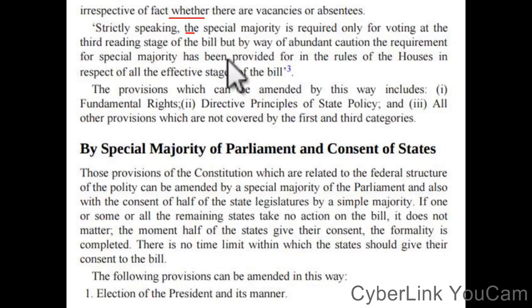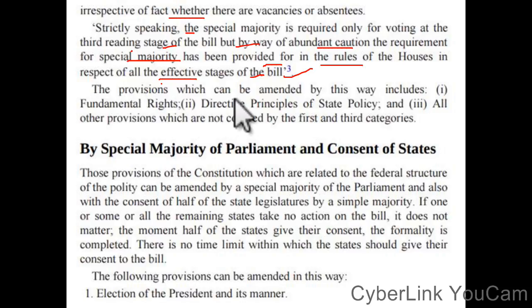Strictly speaking, the special majority is required only for voting at the third reading stage of the bill, but by way of abundant caution, the requirement of special majority has been provided in the rules of the House in respect of all the effective stages of the bill.